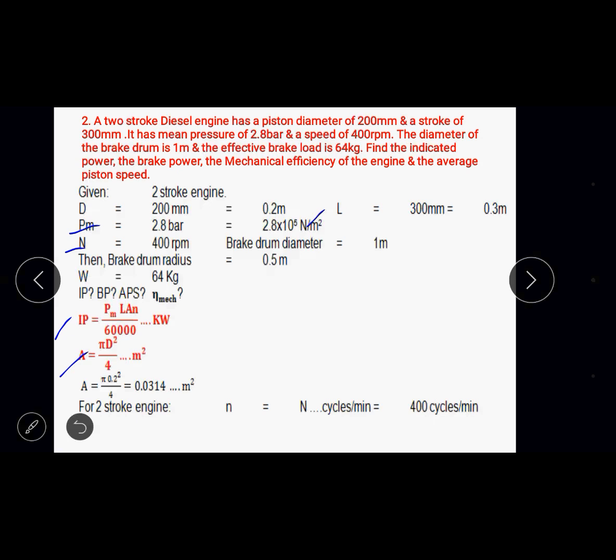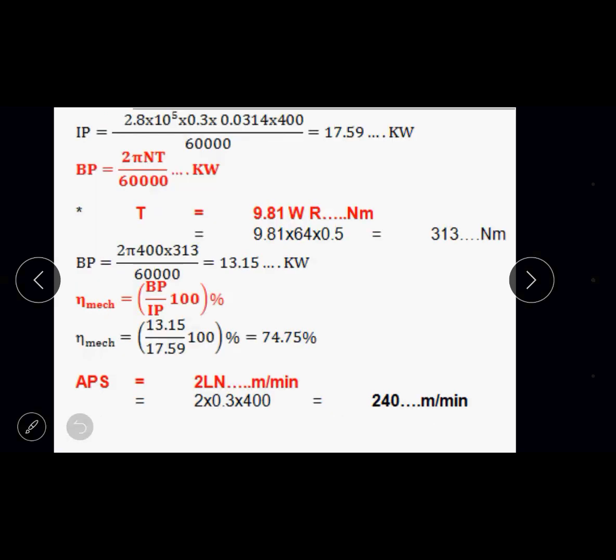In this way all 4 parameters are ready with their SI units. So you can use the IP formula to find indicated power. By substituting all those parameters, you will get the answer as 17.59 kilowatt. So this is about indicated power.